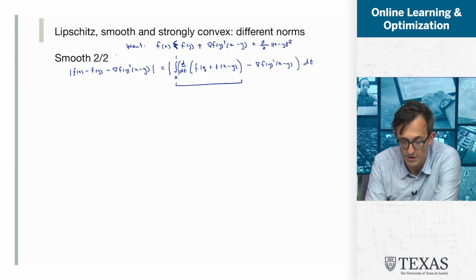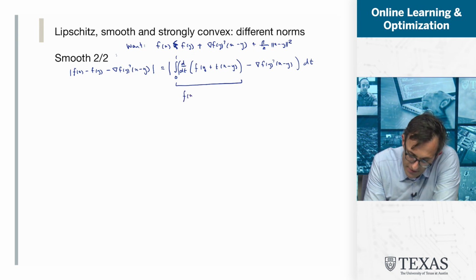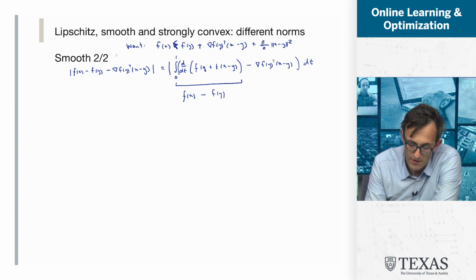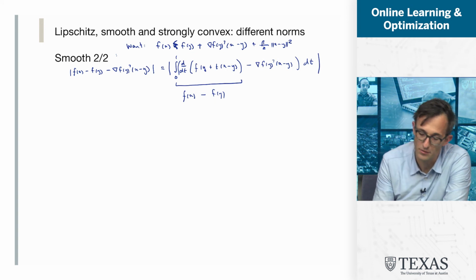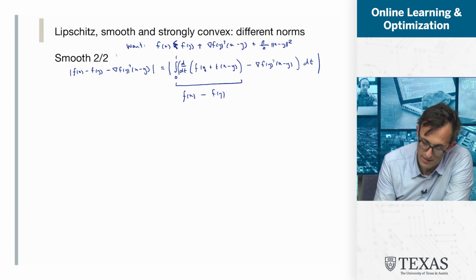If I plug in t equals 1, what do I get? f of y plus x minus y, so f of x. So this is exactly f of x minus this thing evaluated at t equals 0, which is just f of y. So indeed, I have f of x minus f of y minus this gradient term. Okay, so the left-hand side is indeed equal to the right. Let's clean this up a little bit and then keep going.